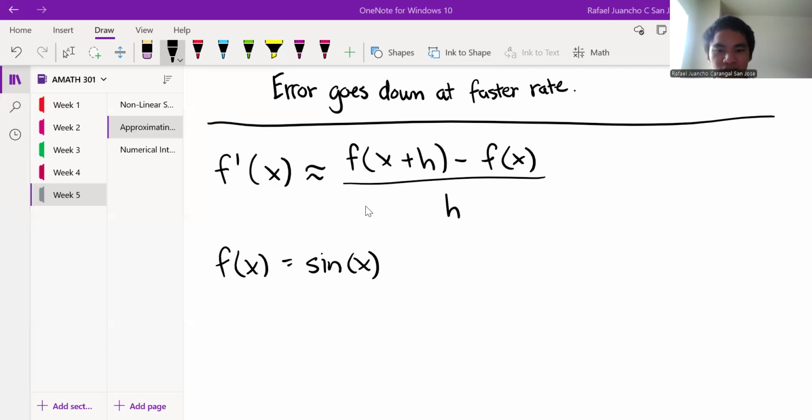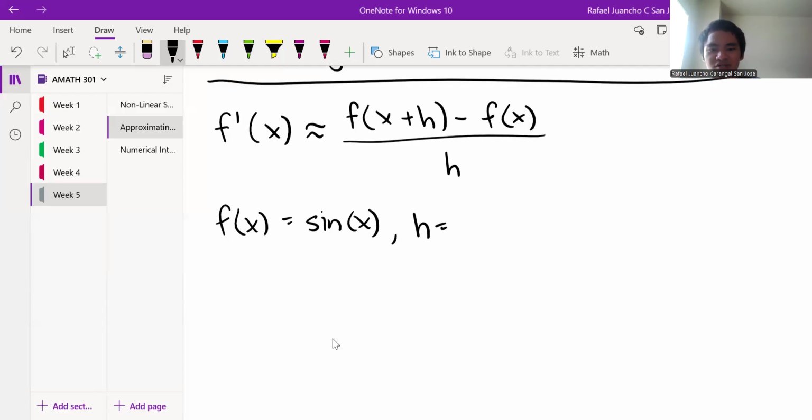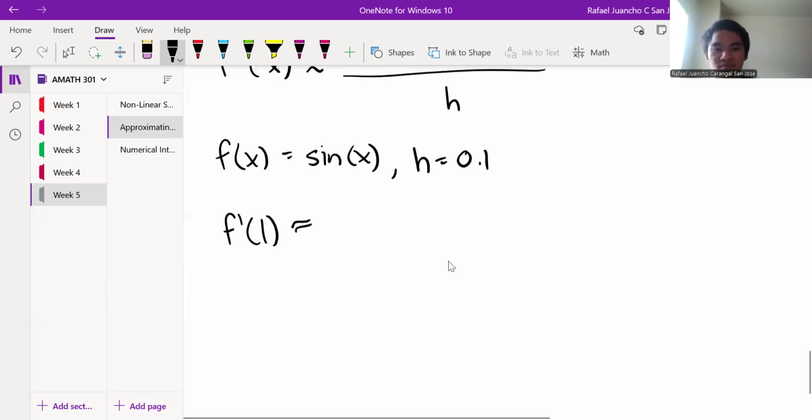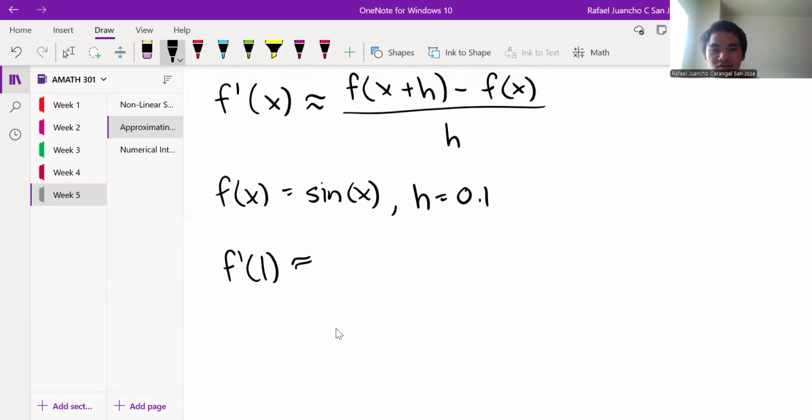So I'm going to try doing it in code maybe, or no. Okay, this is easy, so here we have sine of x. My h is 0.1, right? It should be super close to 0 so that we can get a better approximation. And so if we do f prime of 1, then we're doing this thing.